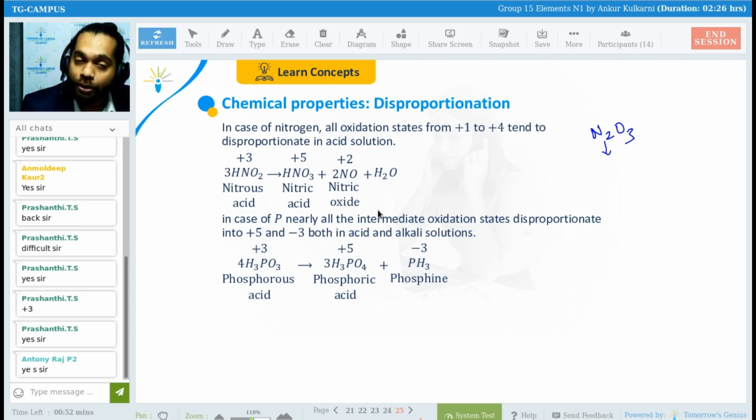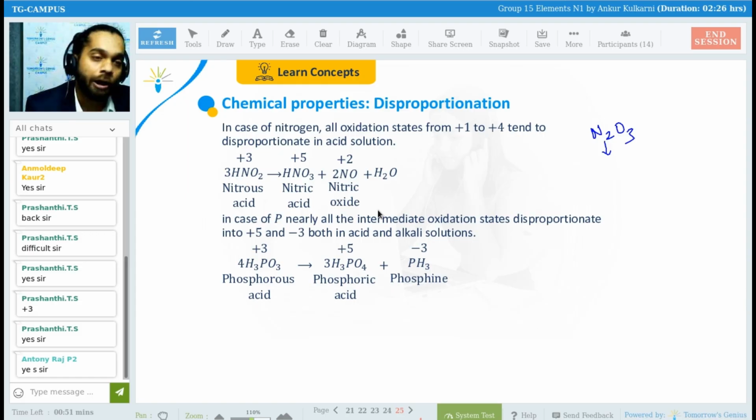Prashanti, no one knows how to calculate oxidation state? Kevin, Sasidaran, come on. What will be the oxidation state of a single nitrogen there? Sasidaran, +6? I am asking about a single nitrogen.